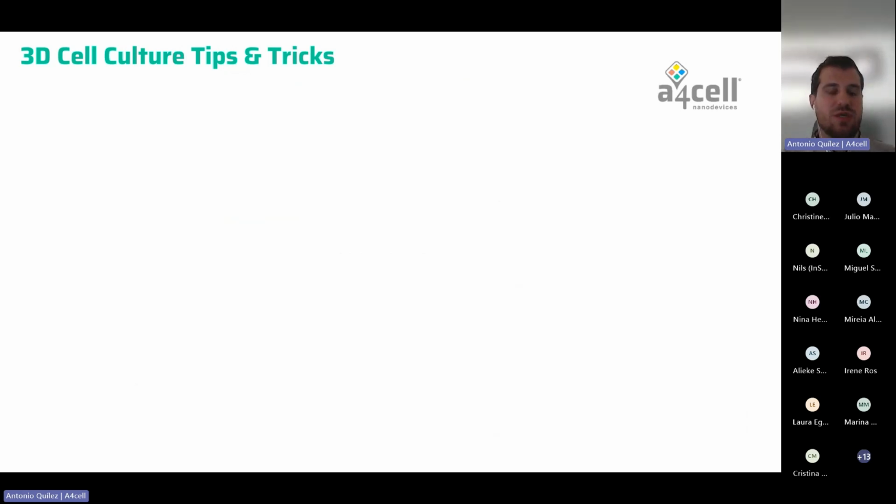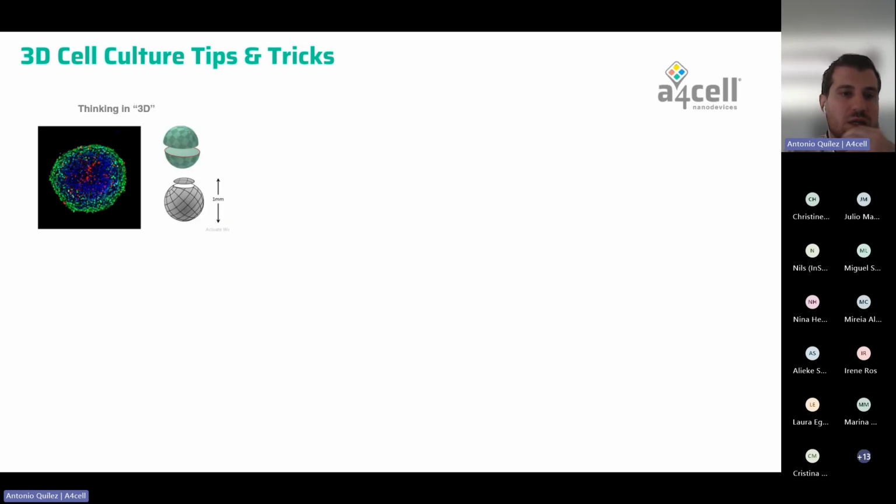So the tips and tricks that I wanted to summarize today after some literature review and our personal experience here at A4Cell is to have in mind always that you are working in 3D. So when working with microscopy images, we tend to be looking at 2D representations, but we need to think that this is just one of the sections or a maximum projection, and we need to think about the whole volume.